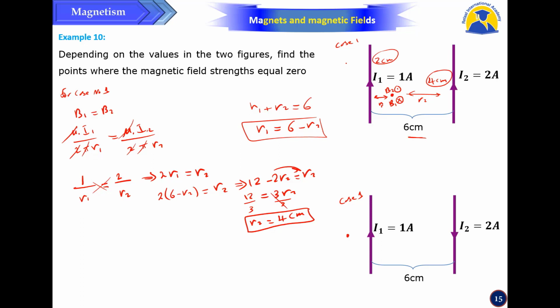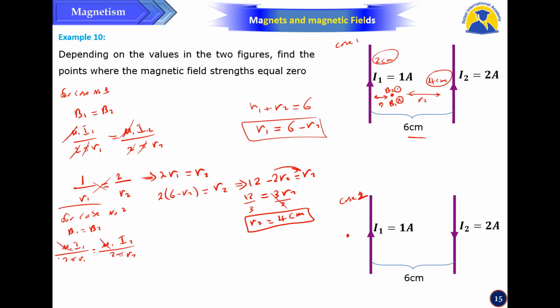So here we determine the position where the magnetic field equals 0. For case number 2, it is the same. We say B1 equals B2, which means mu 0 I1 divided by 2 pi R1 will equal mu 0 I2 divided by 2 pi R2.